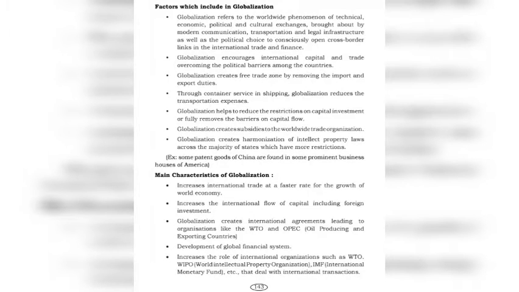Consciously open the cross border links in international trade and finance. क्रॉस बॉर्डर लिंक्स मतलब हमने जब दूसरे देशों के साथ ट्रेड करना स्टार्ट किया, when we started doing the trade with other countries, this aspect got into picture.